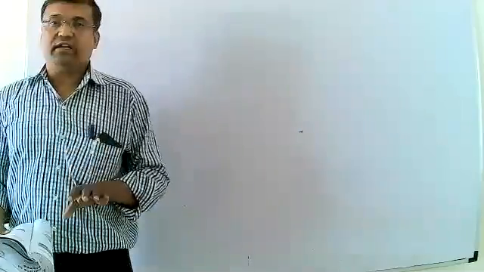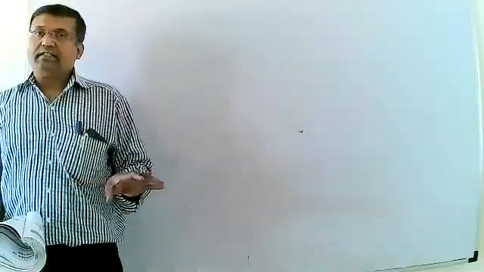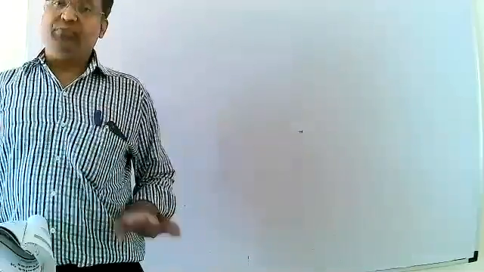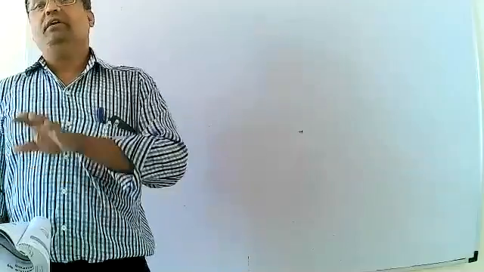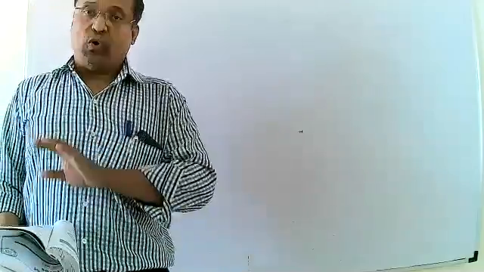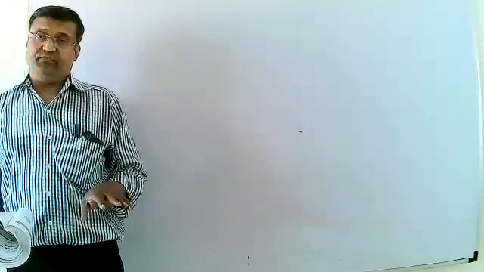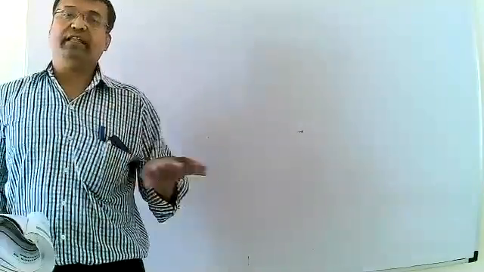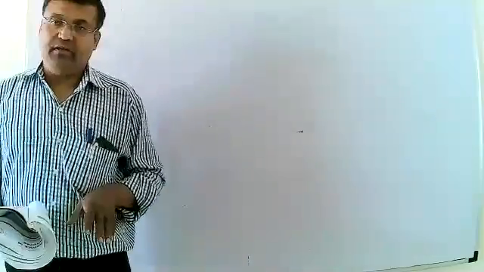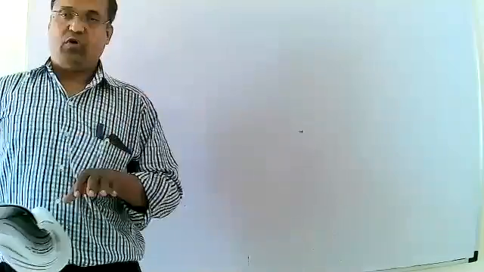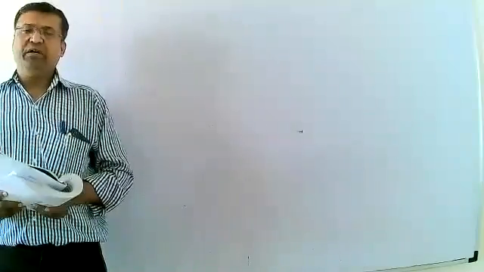neutral axis. What is the neutral axis? The neutral axis is the layer of the beam which is neither elongated nor shortened. There will be no effect induced on that layer of the section of the beam, and that layer is said to be the neutral axis or neutral layer.